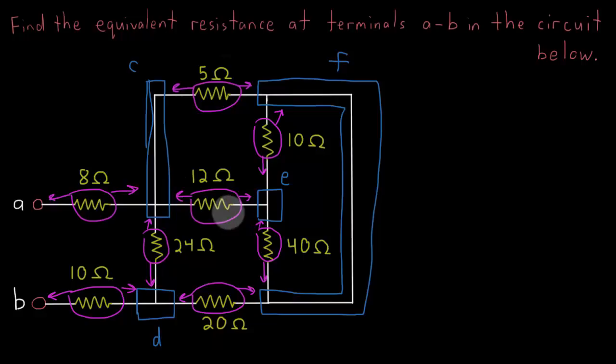So now that we identified all the nodes and circuit elements, let's look at where there are any resistors in series or parallel. If you look at terminal A and terminal B, there aren't any in series or parallel, since each is connected to just one resistor. If you look at node C, these 4 resistors are not in series, since 2 resistors need to be connected to the node exclusively.